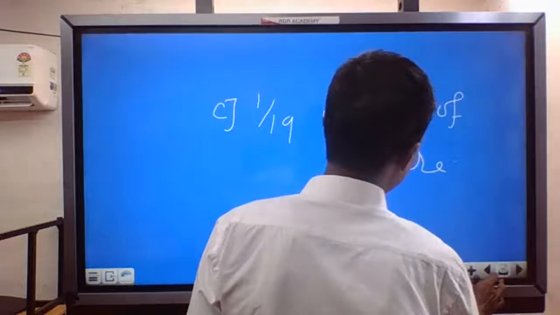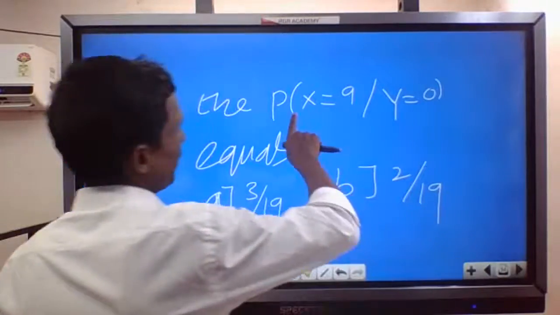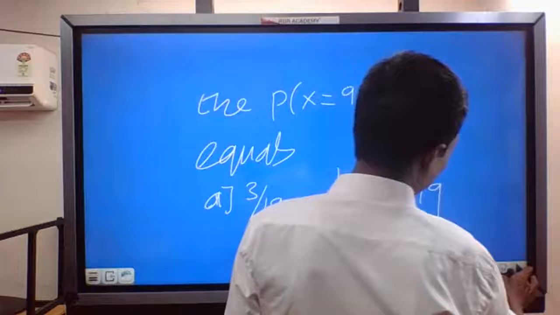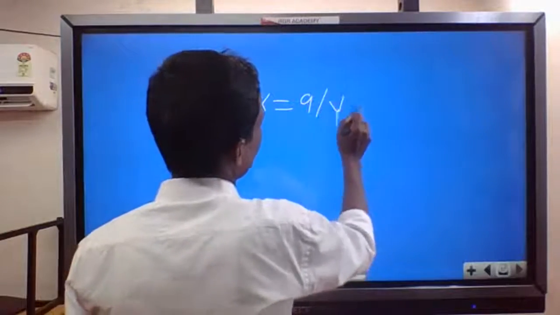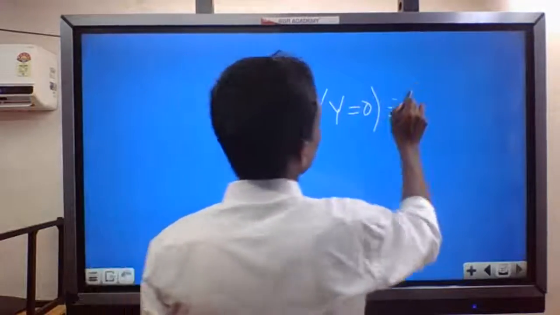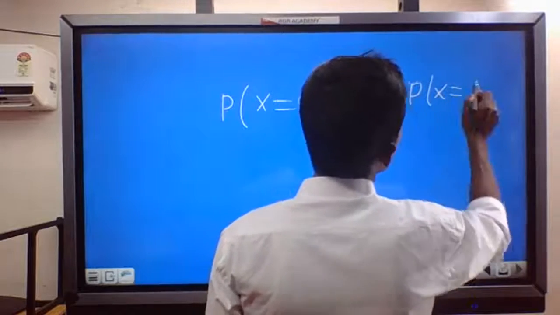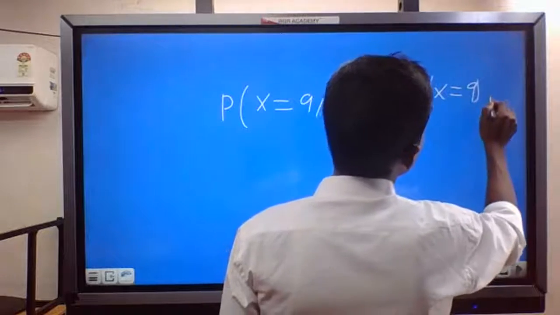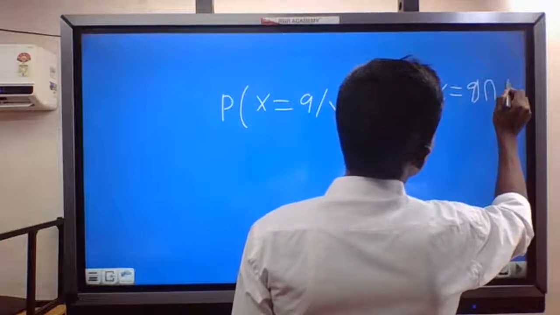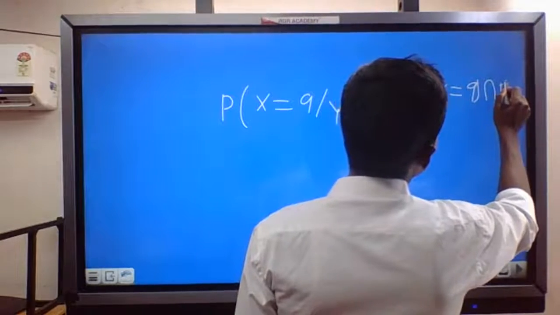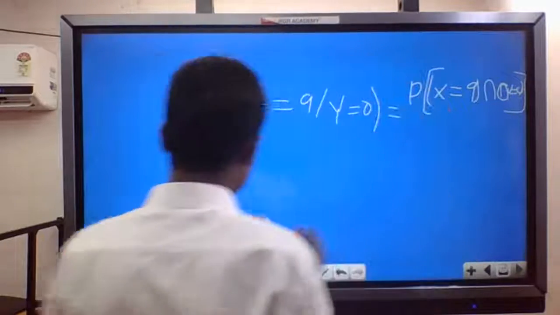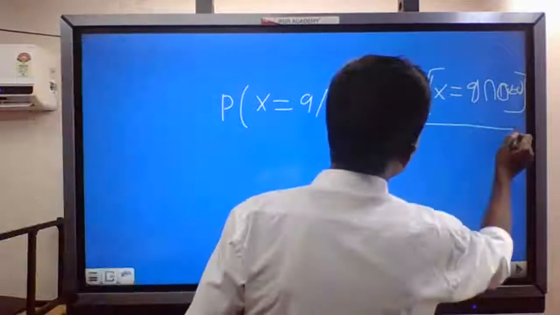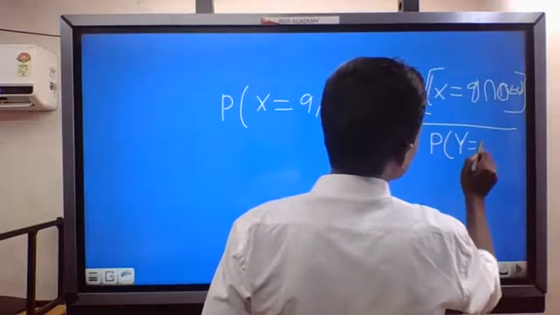But what do we want in this problem? P of x equal to 9 given y equal to 0, which is P of x equal to 9 intersection y equal to 0, divided by P of y equal to 0.